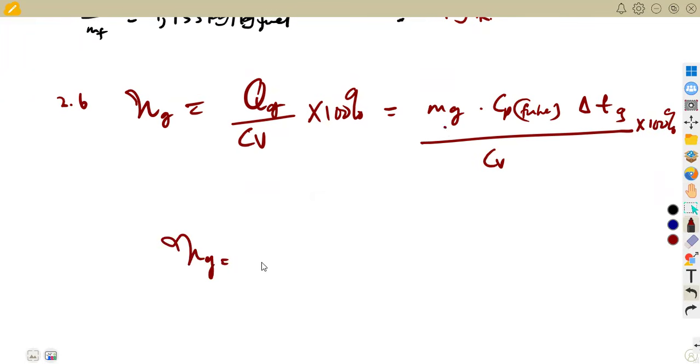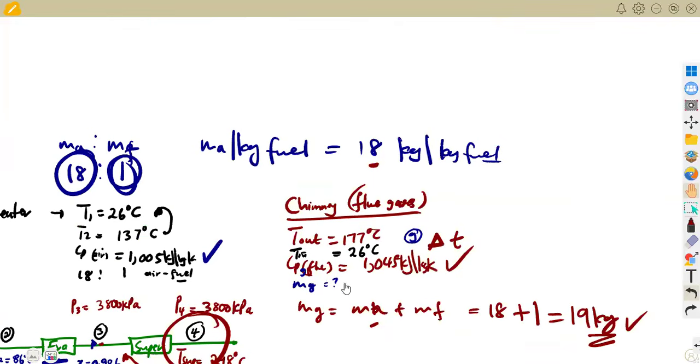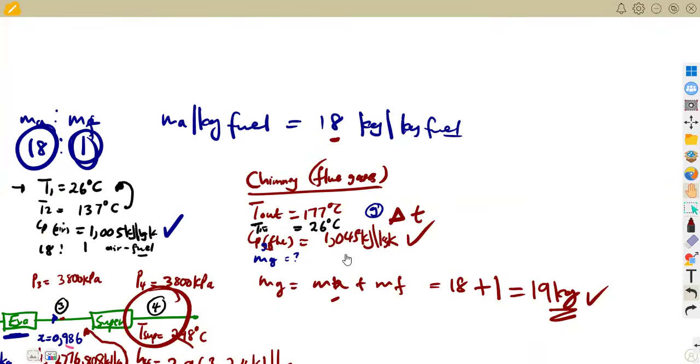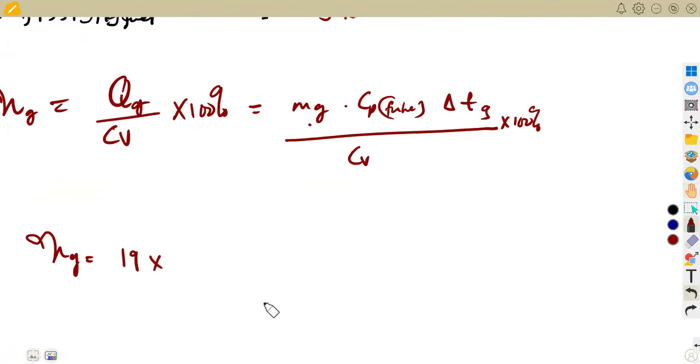The mass, we say that's 19 times Cp for the flue gases we are given. Remember the mass here we obtained 19. Then Cp for the flue gases is 1.045, times the change in temperature. Definitely that will be T2 minus T1, T out minus T in.